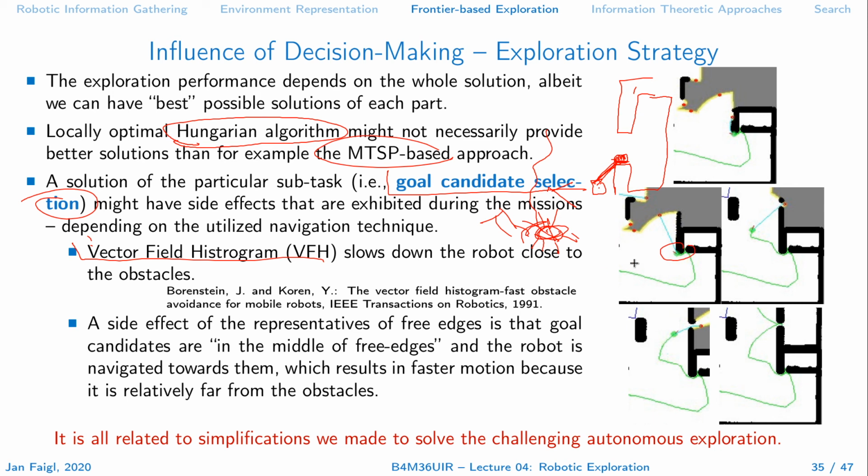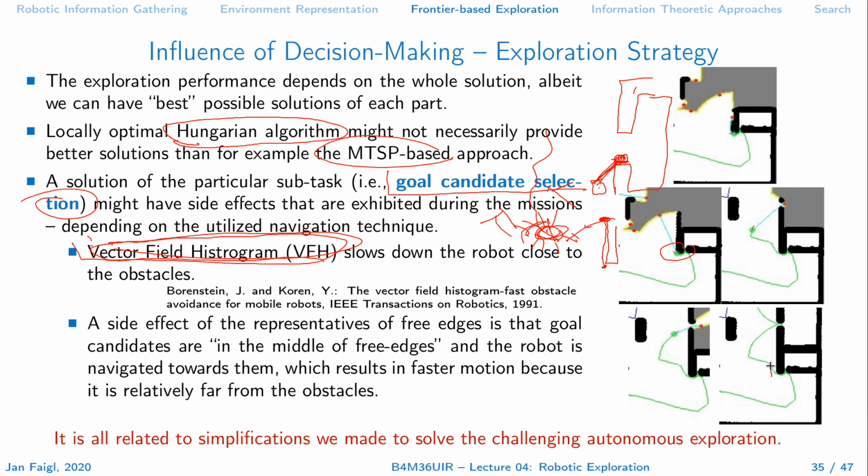The robot follows, and we will have a frontier here, and the robot will be here, and we will not consider this frontier representative, so we will have this nearest frontier. The robot will follow the wall, like wall following, but you always sense the obstacles, and if you use this without other additional tuning, the robot will slow down. That's one of the side effects: the selection of the waypoint and also the navigation.